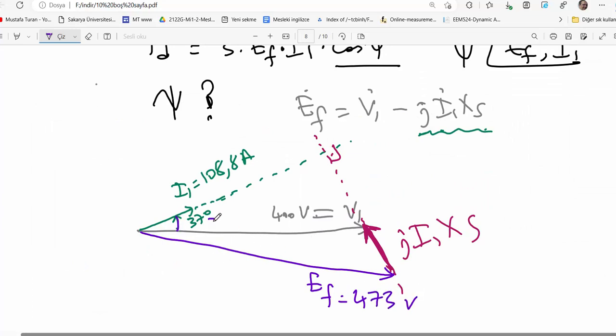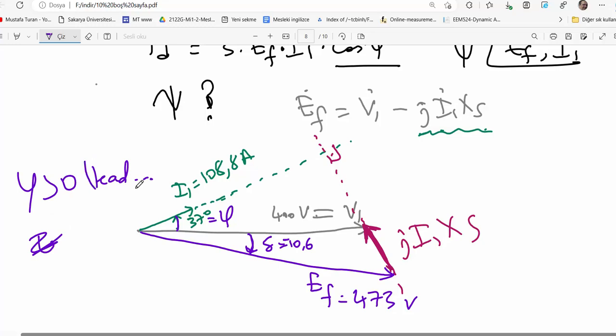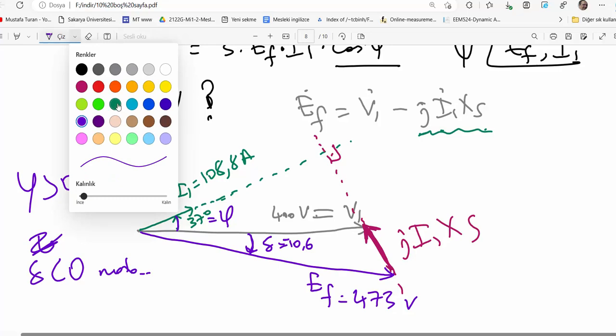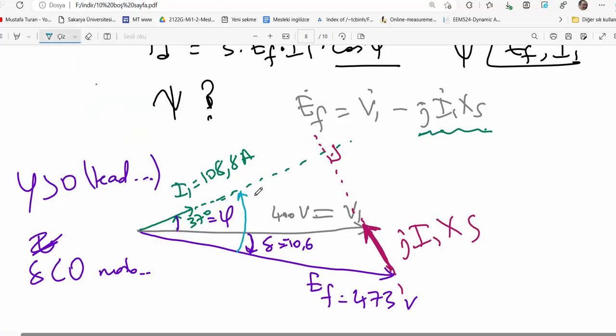And Houston, that is phi, that is delta. As you see, it is negative. Phi is positive leading current. Delta is negative motor operation. So the question is, what is the psi from EF to current?